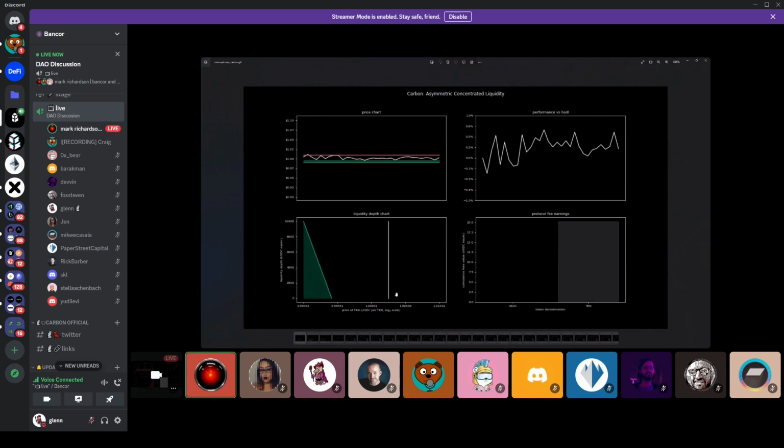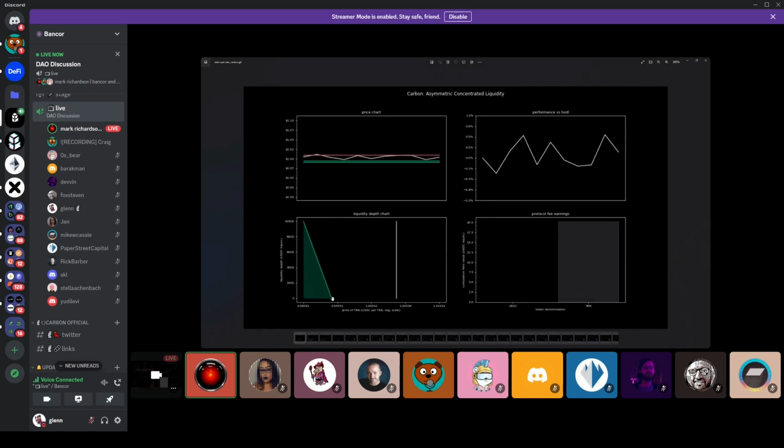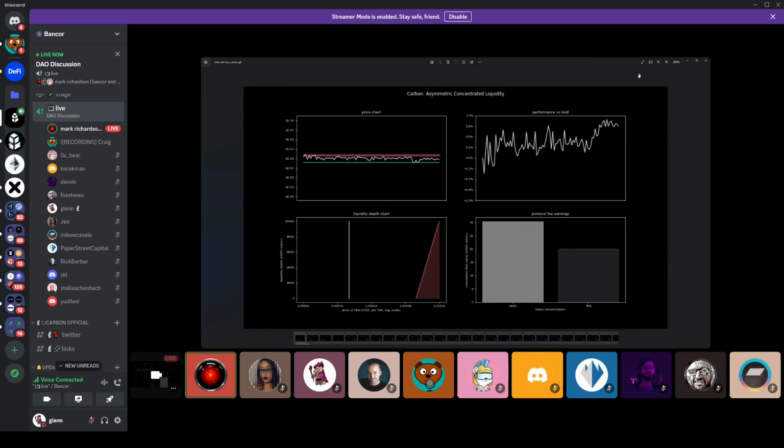Which is distinct from how traditional concentrated liquidity protocols would operate. And so what you're really doing with Carbon is you're waiting to catch those very volatile moves, right? When you've got the opportunity to buy MIM at its depeg, and then sell it at some higher rate when it spikes higher. So you get a lot less volume through Carbon.